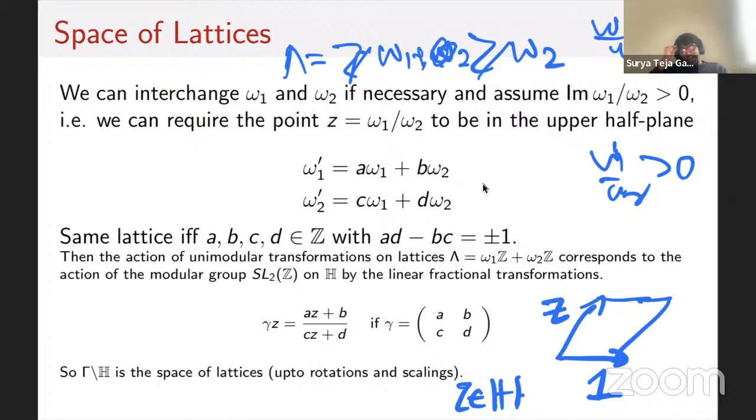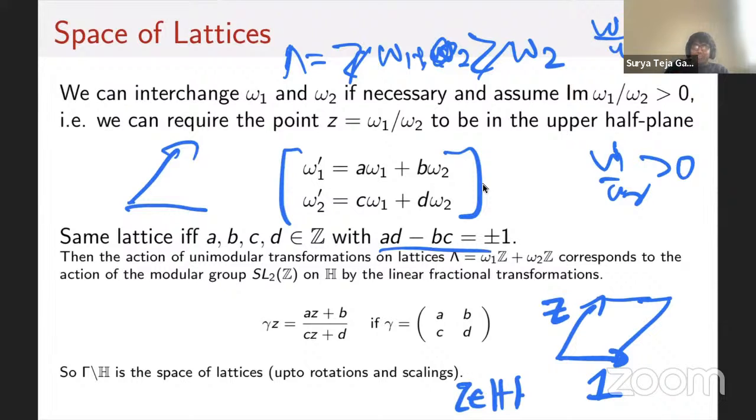Then you can ask, will different Z's give you different lattices? That's not the case, because you can do a change of basis. Two different bases can give you the same lattice, for instance, bases that differ by a linear change of variables with integer coefficients where the determinant is plus or minus 1.